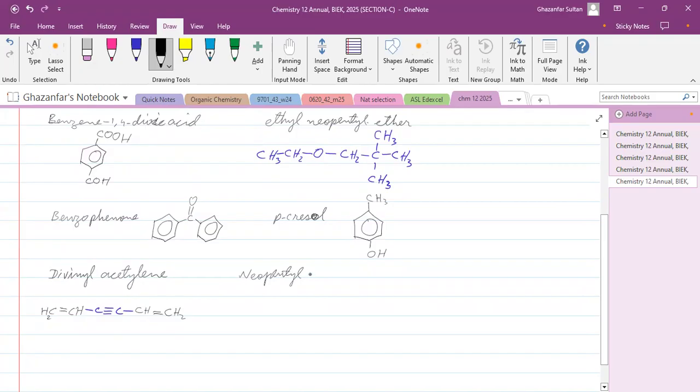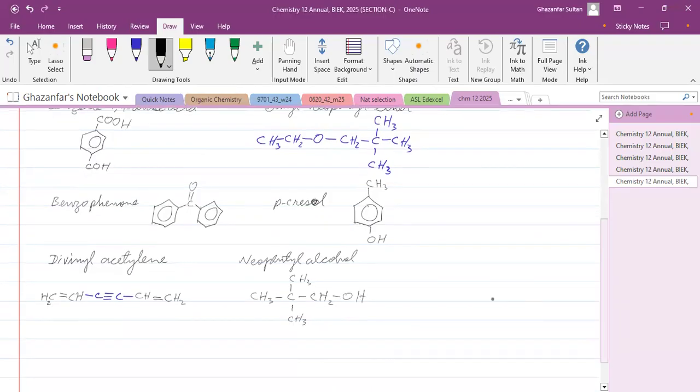So we will draw the neopentyl group, CH3, CH3, CH3, CH3. This is neopentane. But if we remove any of the hydrogens from this compound, it becomes CH2 and the alcohol group is substituted there. So this is called neopentyl alcohol.